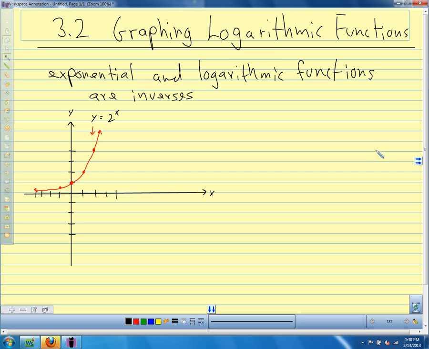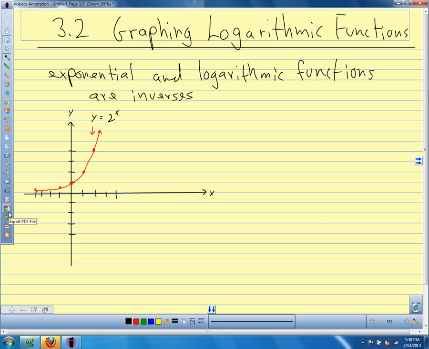So if these two functions are inverses of each other, the logarithmic function and the exponential function, what do we expect the graph of the logarithmic function to look like? Mark says down and that way. What's special about the graphs of functions and their inverses? They reflect over the x-axis.